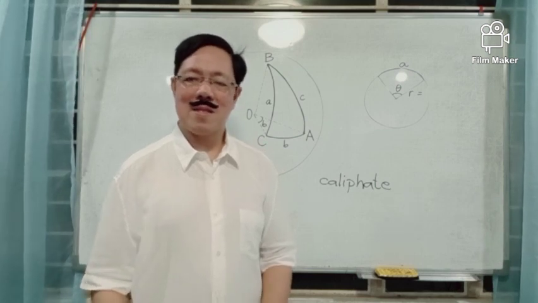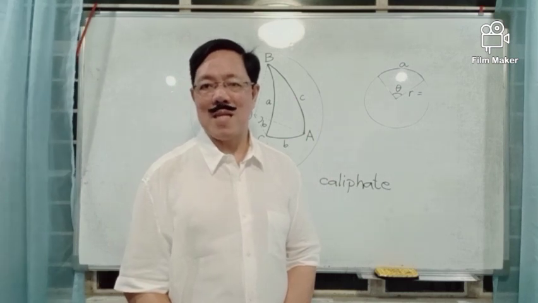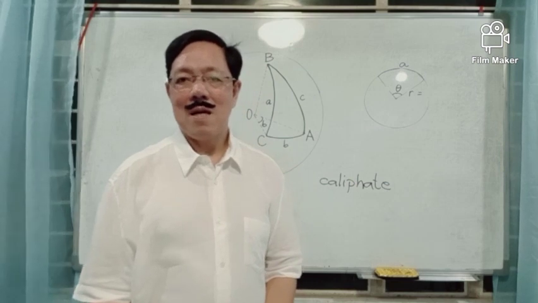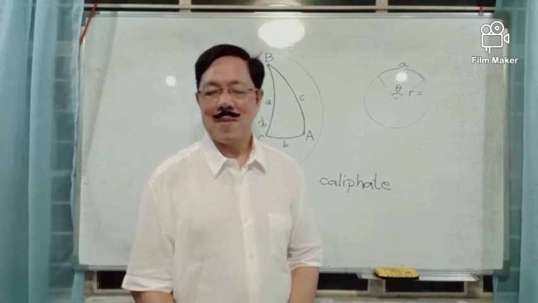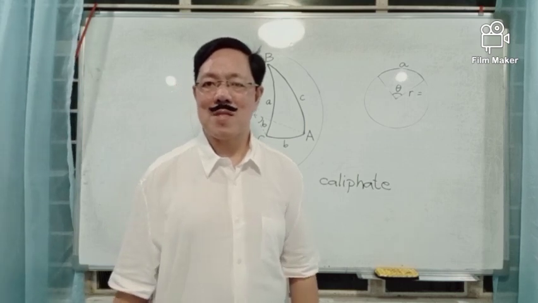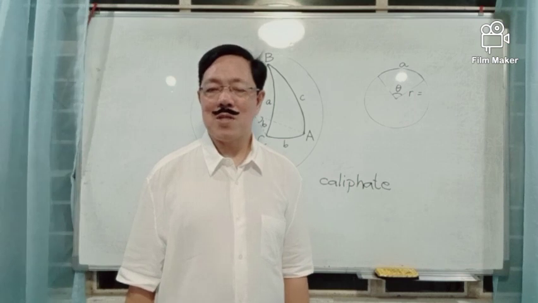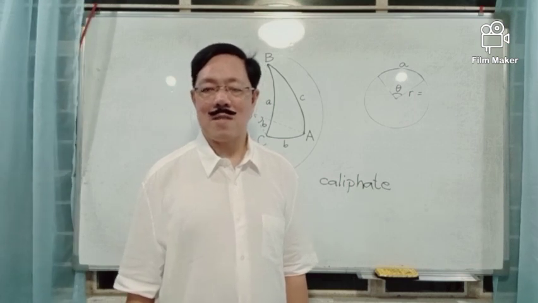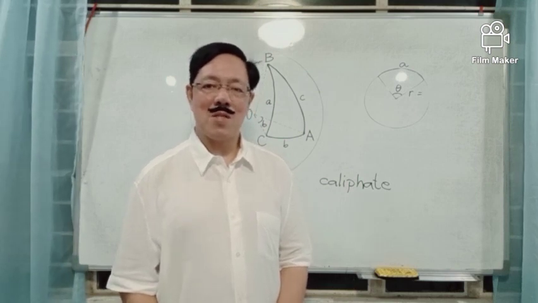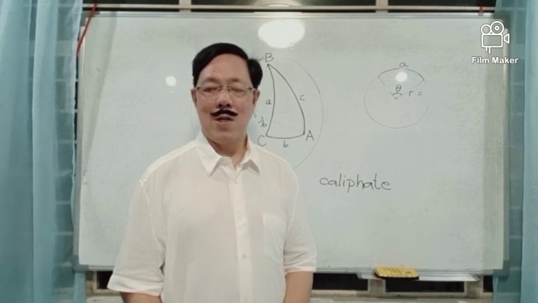The developments in spherical trigonometry led to improvements in the art of navigation, in geographic map making, in stellar map making, and in determining the positions of sunrise and sunset. In navigation, the Earth is considered as a sphere. And a basic problem encountered in navigation is finding the distance between two places on Earth.